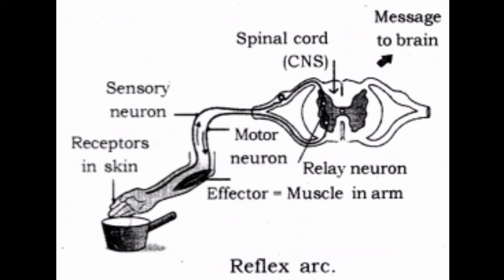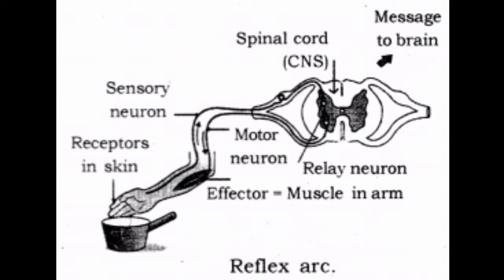So what happens in a reflex arc? Here, a stimulus occurs, and the sensory organ receives the stimulus. From there, the sensory nerve carries the impulse to the spinal cord. In the spinal cord, a relay neuron or interneuron converts the electric signal to a motor signal.